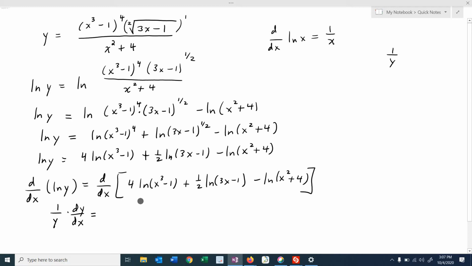Okay, and then we can find the derivative of each of these individually. Okay, so let's take the derivative of the first one. You can pull the 4 outside the derivative operator since it's a constant. And then the same thing here. We're going to pull the 1/2 outside the derivative operator here.